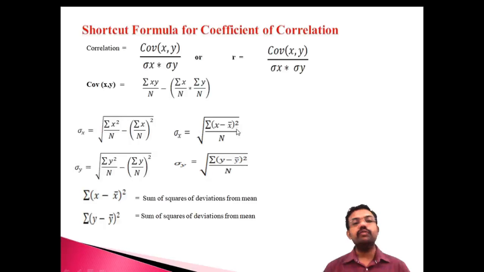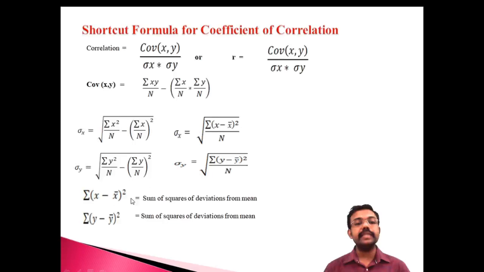Standard deviation has two formulas: sigma x equals root of sigma x square divided by n minus (sigma x by n) all square. Otherwise, standard deviation of x is root of sigma (x minus x bar) square divided by n. Similarly for y, sigma y equals root of sigma y square divided by n minus (sigma y by n) all square, or root of sigma (y minus y bar) square divided by n.